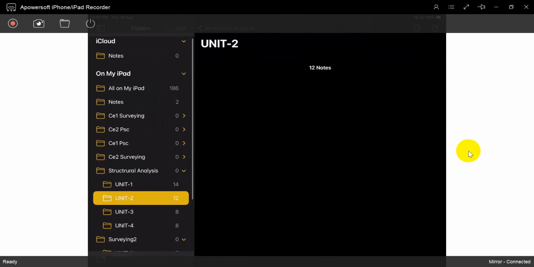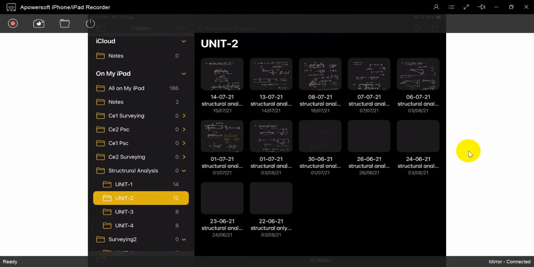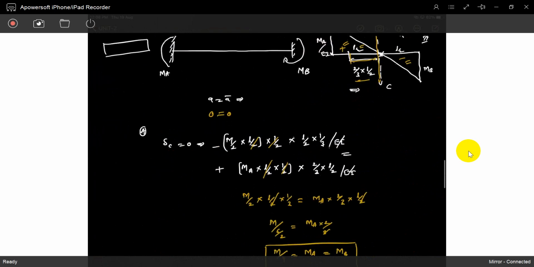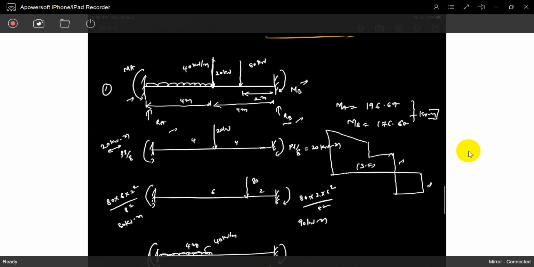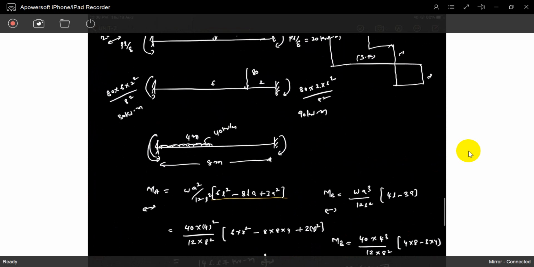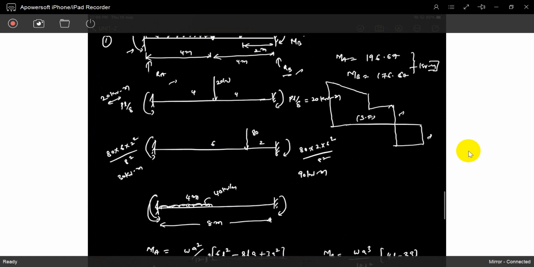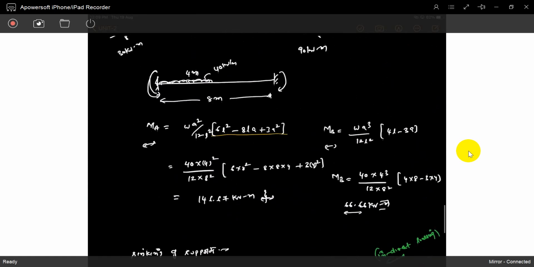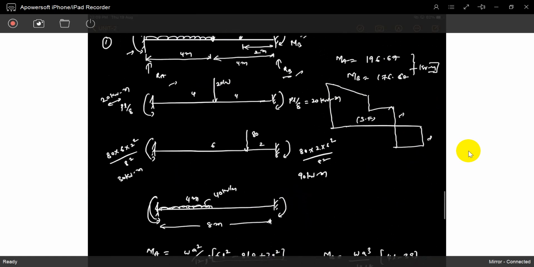In the second unit we solve problems on fixed end beams. For each loading that contributes, we take units. For 20, how much is it? For 80, how much is it?